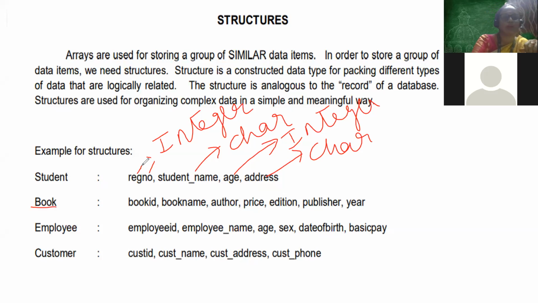Similarly, when you take book ID, that should be integer, book name, that should be a string or char, author, definitely it is also char, price sometimes it will be a float. Okay, and edition, again integer, publication, again it is a char, year, again it is an integer. So all different data, but you see, book means the data which is logically related to the book will be present.